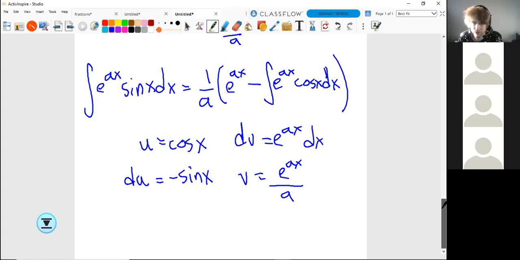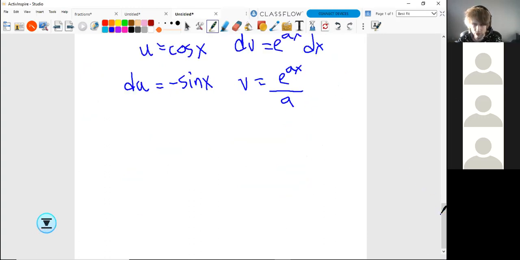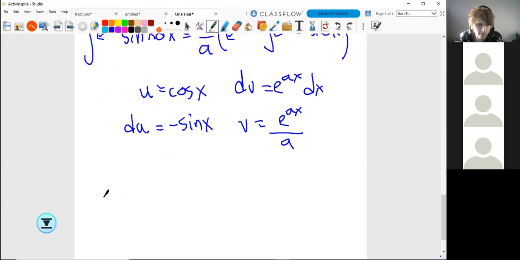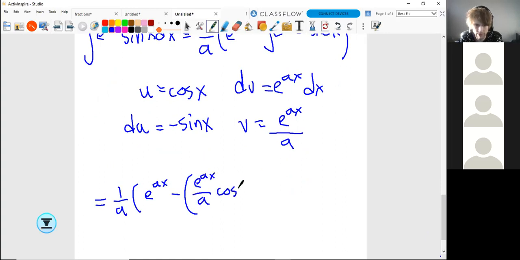And so this new integral, let's scroll down just a little bit more. We're going to end up with 1 over a times e to the ax minus, in parentheses, e to the ax over a cosine of x minus, then this integral has a minus sign in it, so it becomes a plus, e to the ax sine of x dx.